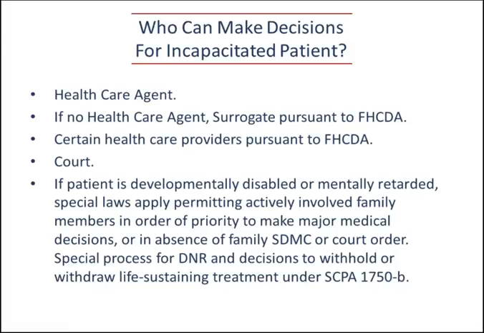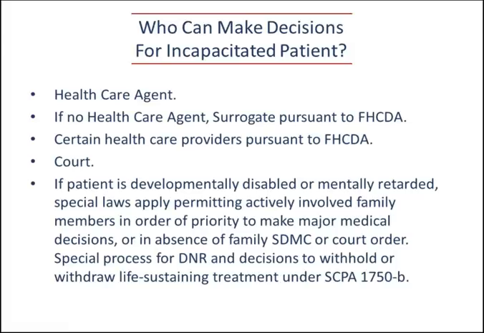There is a special process and law that applies to do not resuscitate orders and decisions to withhold or withdraw life-sustaining treatment. And that is found in the Surrogate Court Procedure Act 1750B.